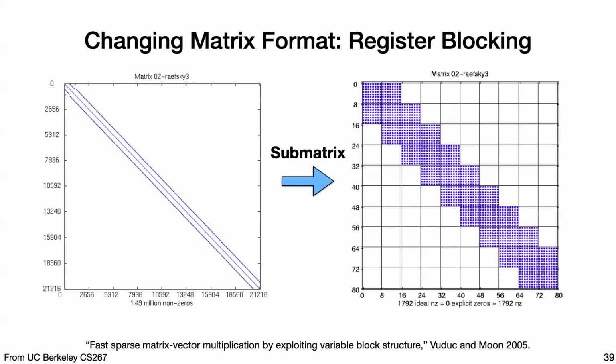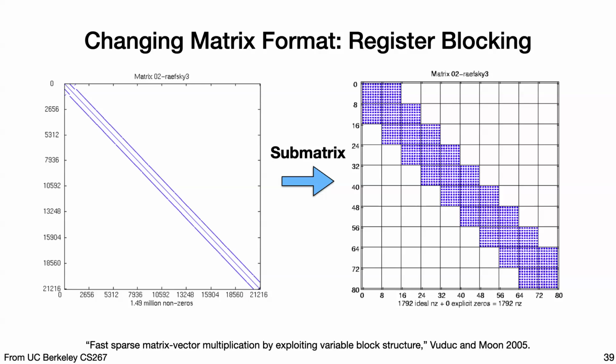So register blocking, back in around 2005, Rich Vuduc and some other folks. He is another professor here in CSE, and they were working on sparse matrix problems. And they noticed that for some sparse matrices, they have nice structure that is not necessarily captured by just CSR or some of these basic formats.